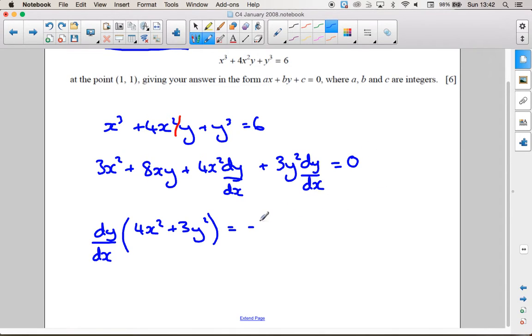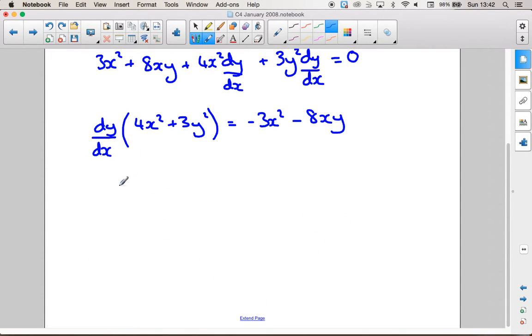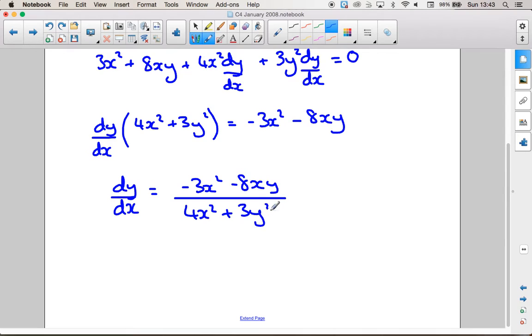So I've got minus 3x squared minus 8xy, and therefore, to leave dy by dx on its own, I divide by that bracket. So dy by dx equals minus 3x squared minus 8xy over 4x squared plus 3y squared.